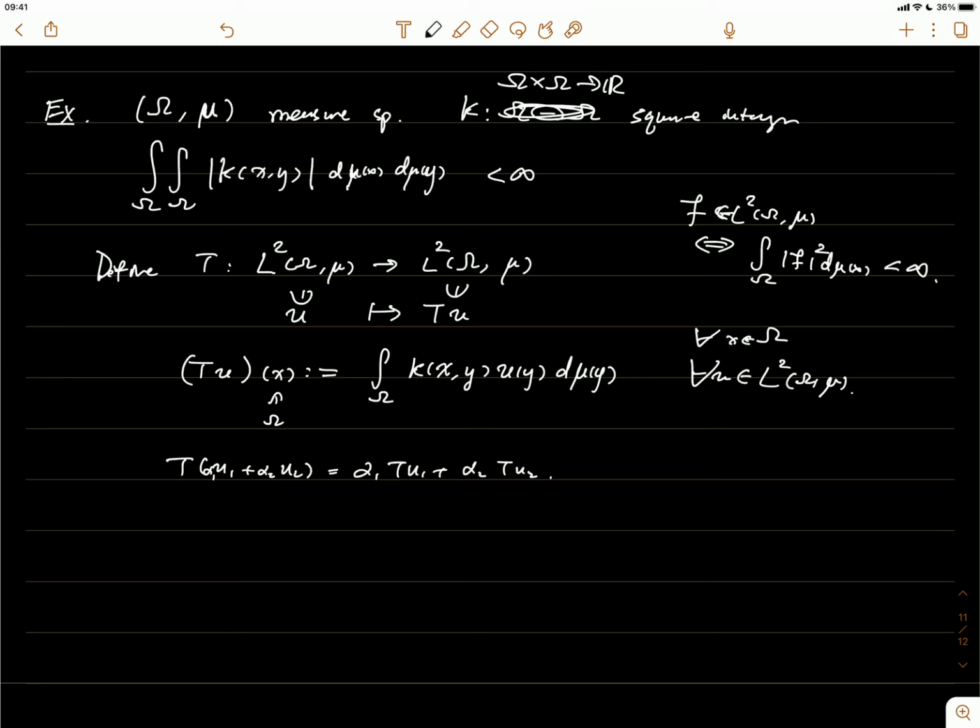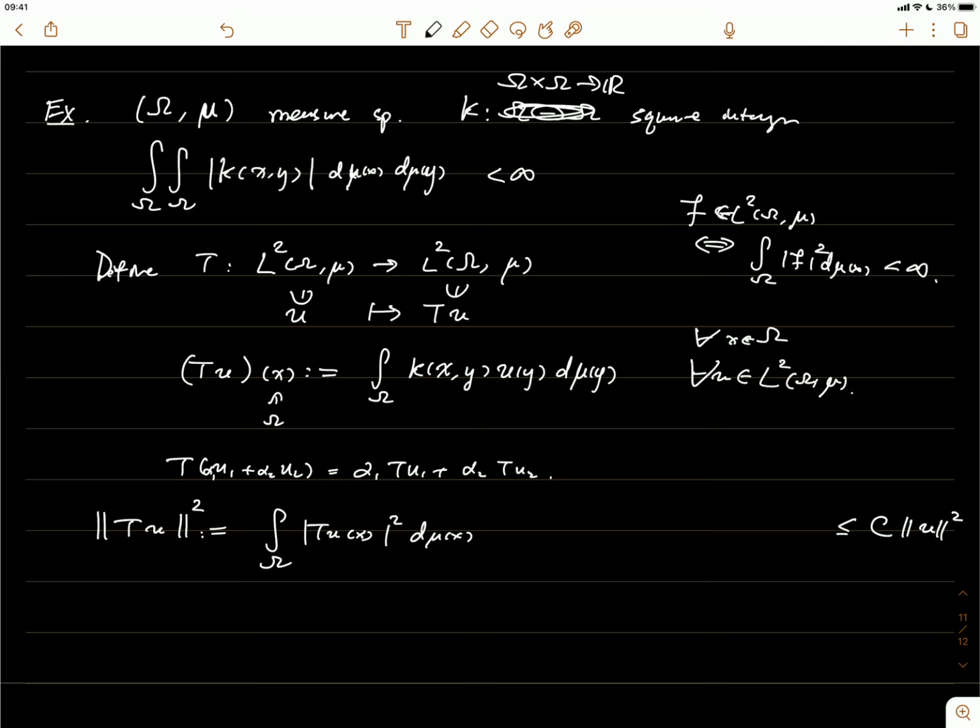To show this is bounded, I need to show that the norm of T u, the two norm, which by definition is the integral of T u(x) squared d mu x, taking the square root. I have to take a square here, so I want to show that this is finite, or bounded by some constant times the norm of u squared, because I have a square on the left.